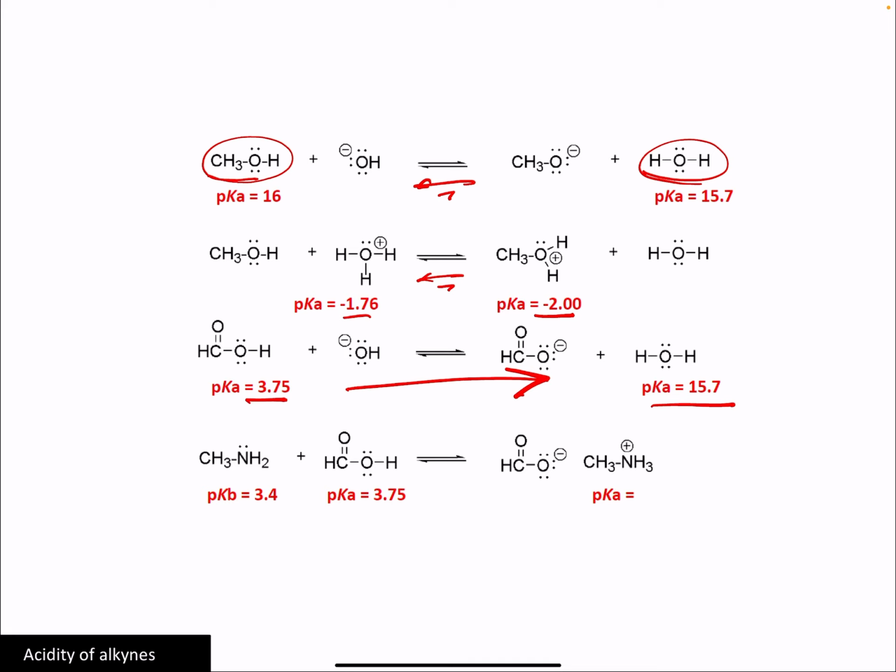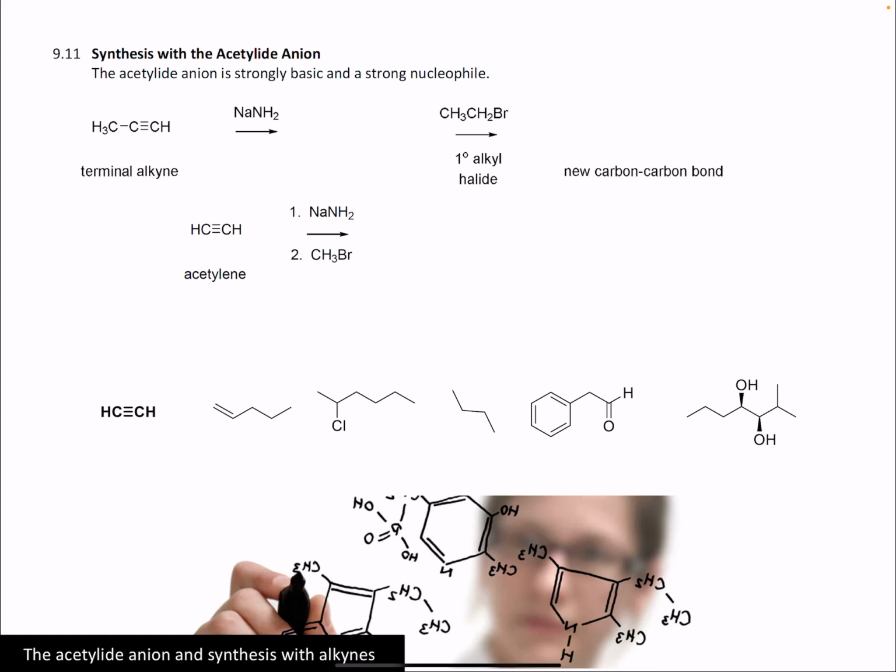And this one was fun because they give you the pKb and not the pKa. This guy's pKa then will be 14 minus 3.4, so 10.6. Is that right? Doesn't matter because this guy is way more acidic. So this is a review of predicting which direction an acid-base equilibrium will lie.